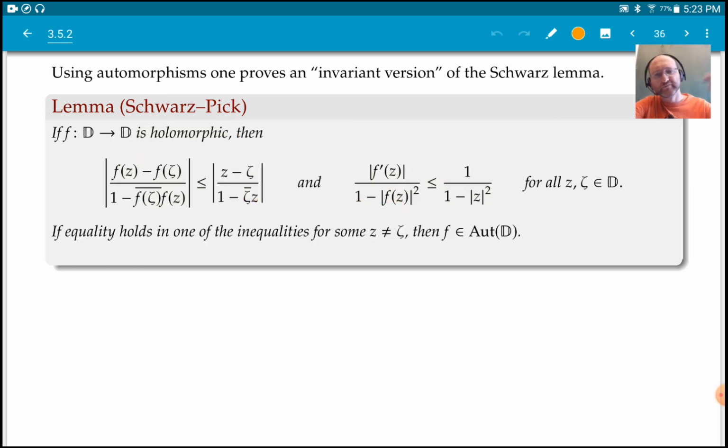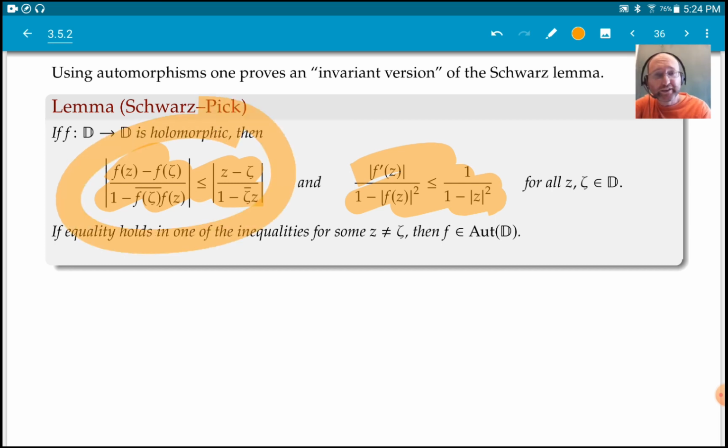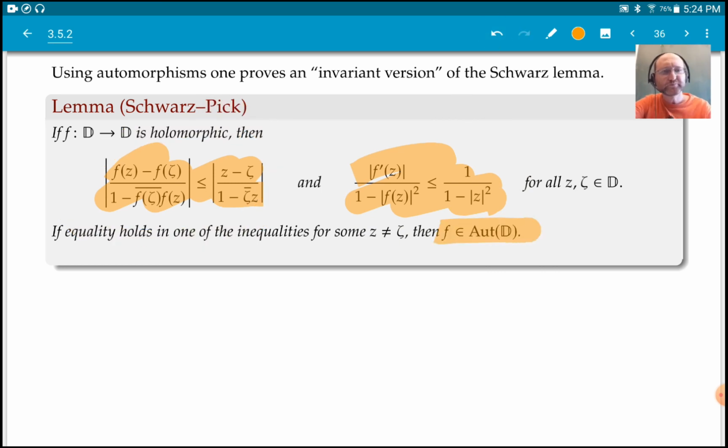And if an equality holds for some distinct z and zeta, so at one point here or at one point here, then you get that f is actually an automorphism of the disk.